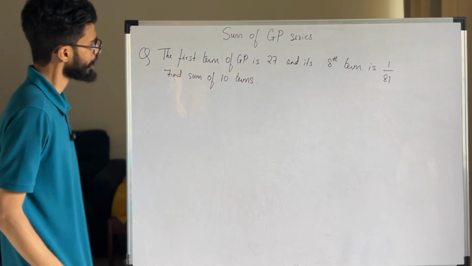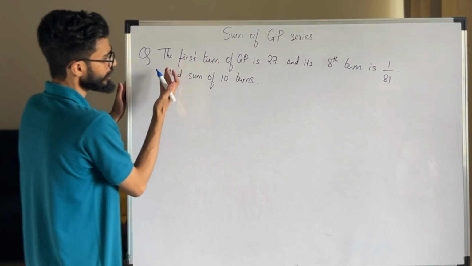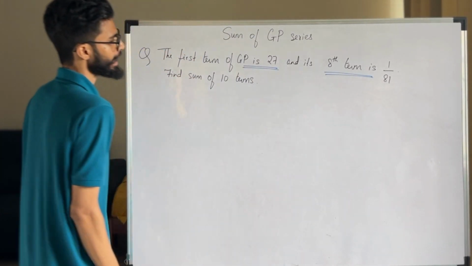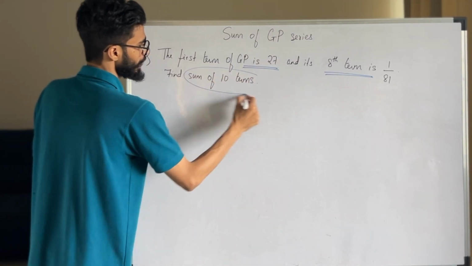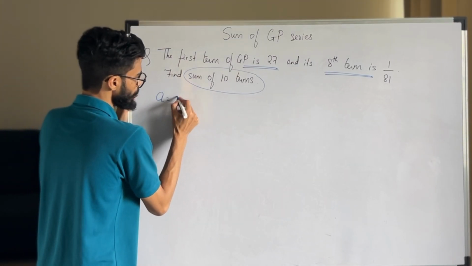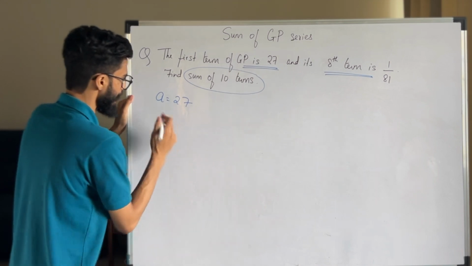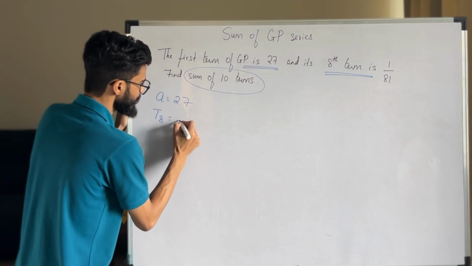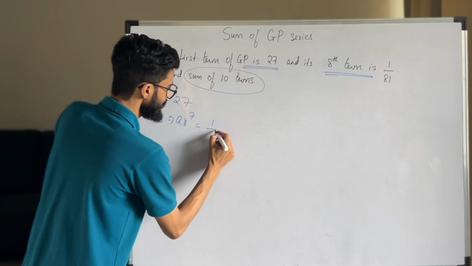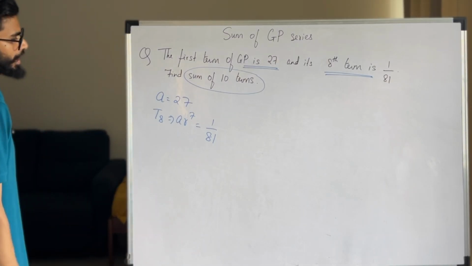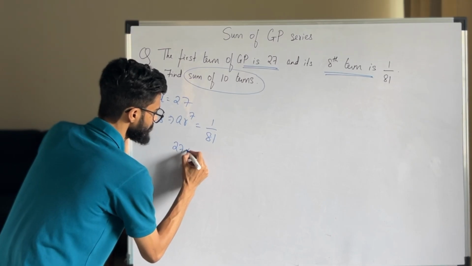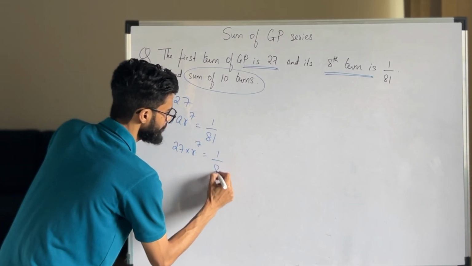Let's solve this question on sum of GP series. The first term of GP is 27 and its 8th term is 1 by 81. Find sum of 10 terms. So, A is equal to 27 given in the question, and T8, which is A r raised to 7 equal to 1 by 81 given in the question. Now if I put value of A here, 27 times r raised to 7 equal to 1 by 81.